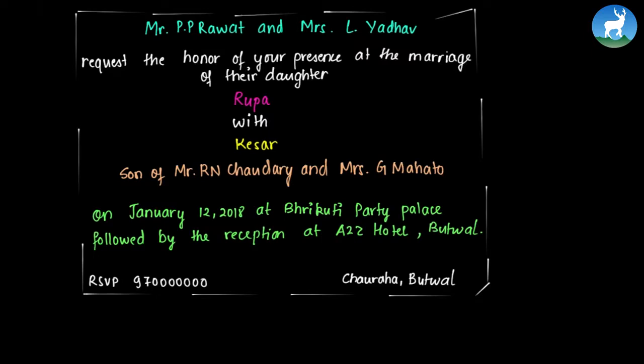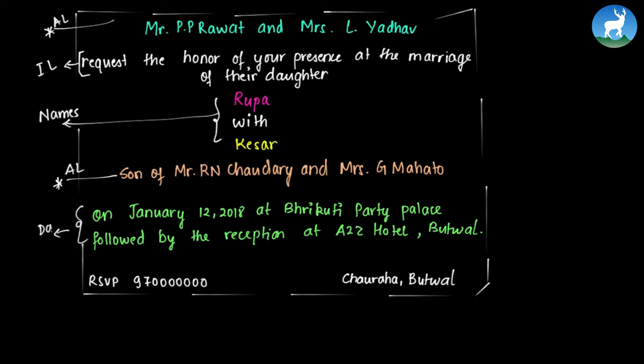So first we have mentioned the parents of the daughter who's getting married, and here we have the invitation line. This one is our names, so the names. Now this one and this one, these are the action lines. And finally we have important dates. So this is the information line. In this way we can prepare an invitation card for the wedding.